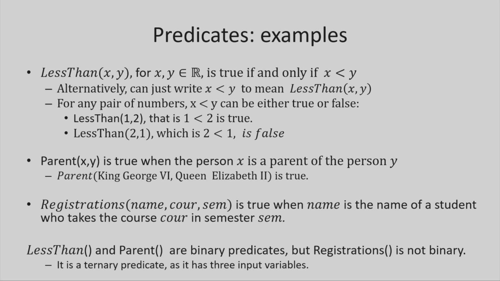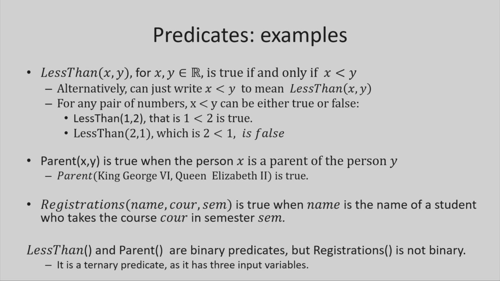Similarly, a predicate parent is true for x for the situation when X is a parent of Y. For example, King George is a parent of Queen Elizabeth. That's true according to Wikipedia. And if we define predicate corresponding to that registration relation, remember, for every set we can define the corresponding predicate, and for every predicate we can define the corresponding set.